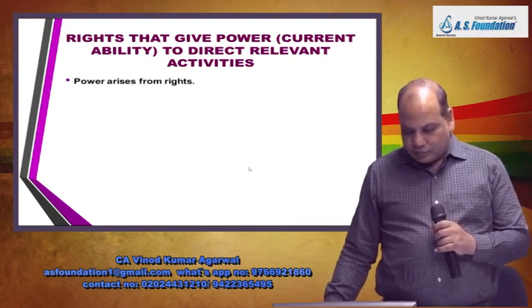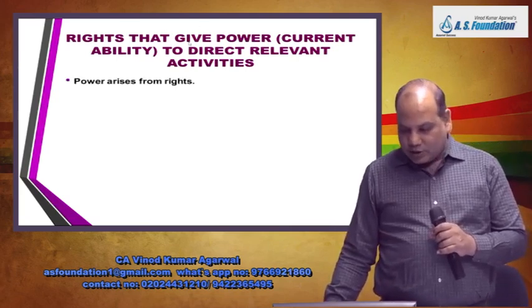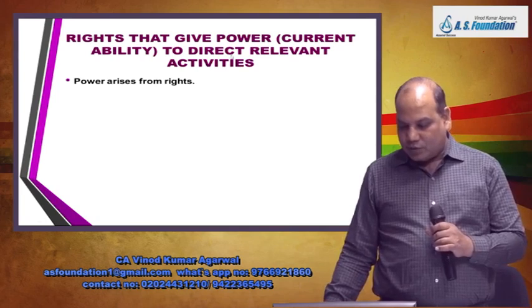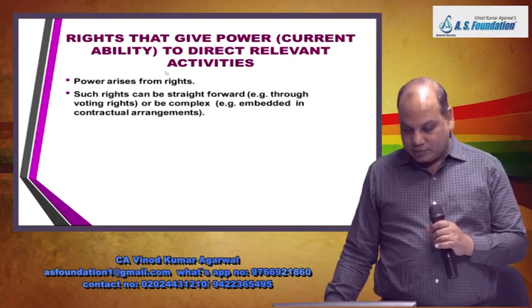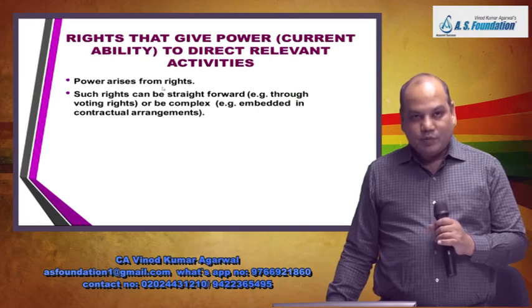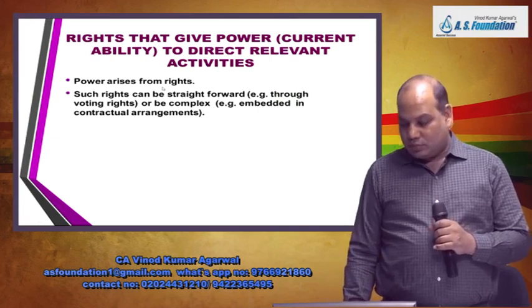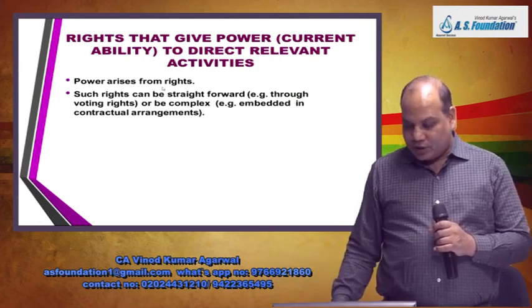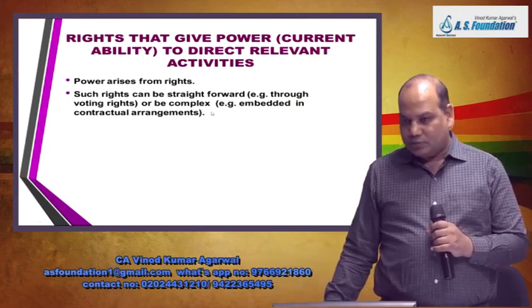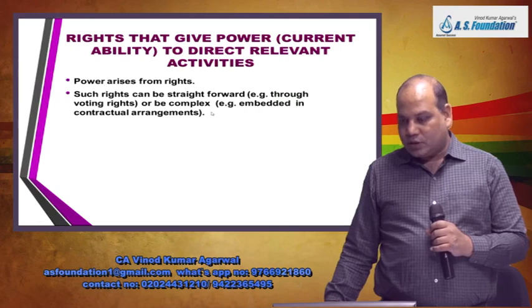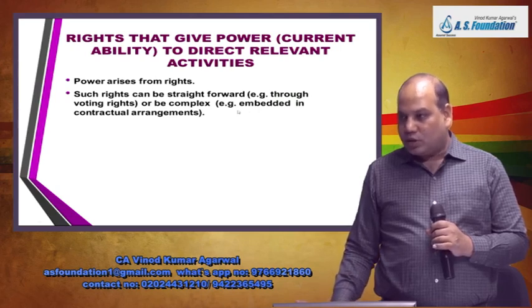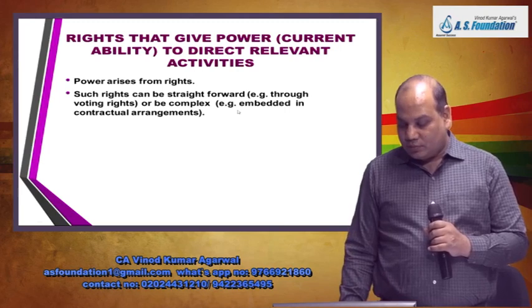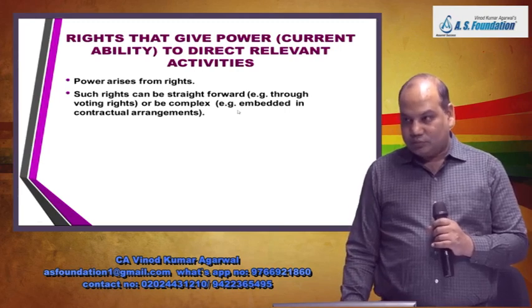So now let us discuss about rights a little more. Rights that give power to direct the relevant activities. Power arises from rights. But how do we get the right? Sometimes the rights are straightforward. Rights are straightforward means you simply hold the equity share of a company, one share, one vote.